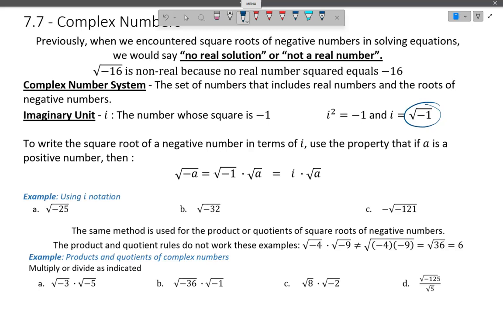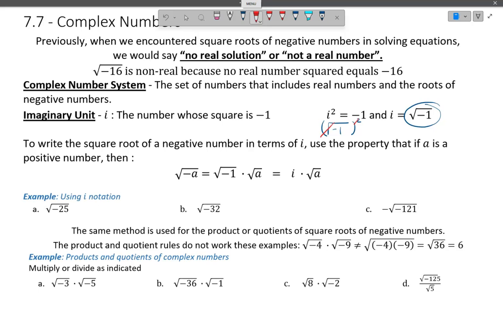And if I take the square root of -1 and I square it, what happens when we square a square root? It cancels out the radical. So we are left with just -1. So the square root of -1 is a number whose square is -1.